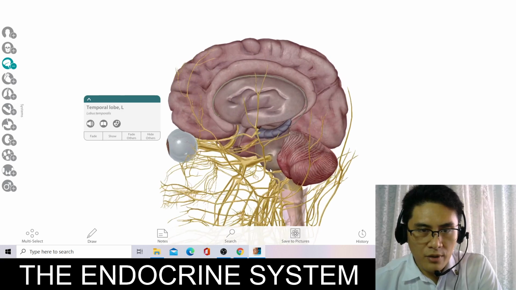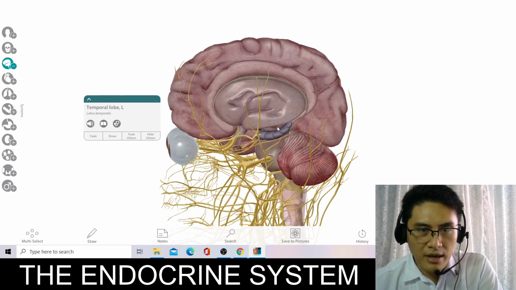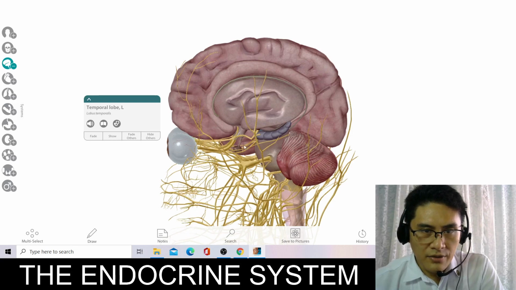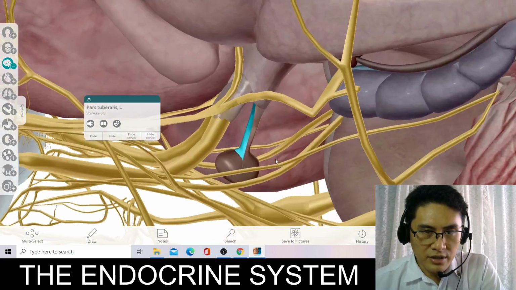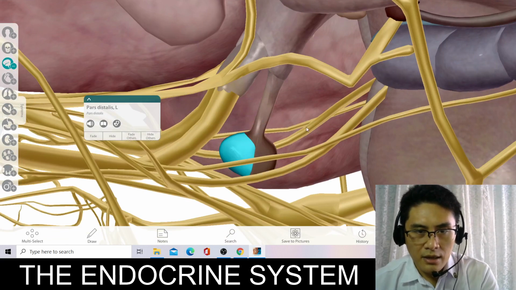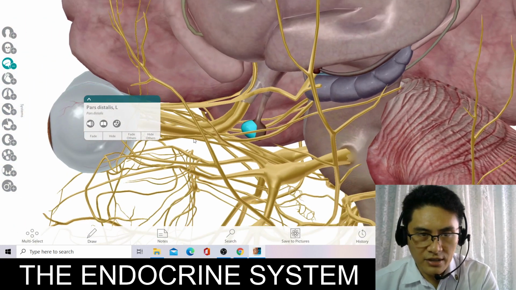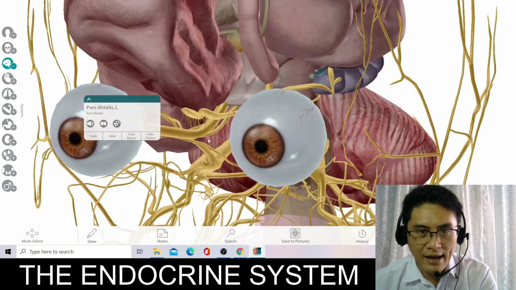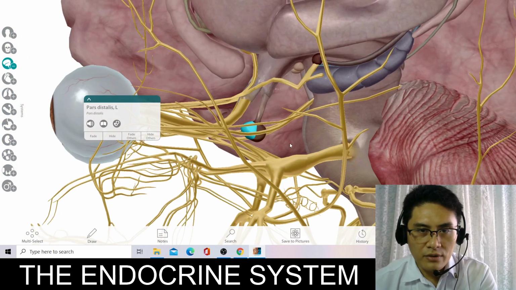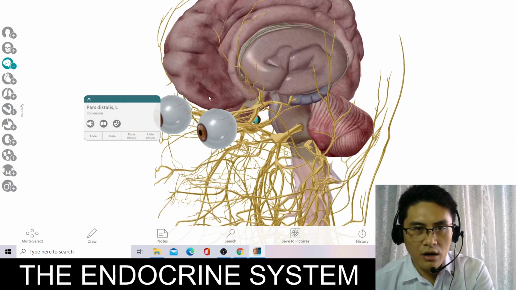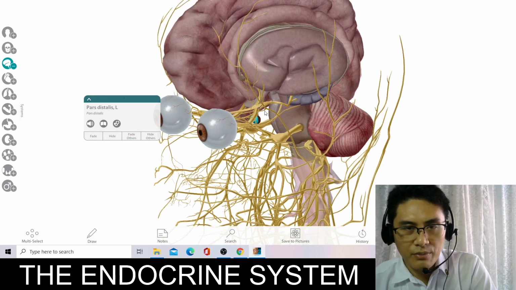if we look at the base of the brain, right here, there is a structure that is hanging at the base of the brain. If you look at it from the front, it is in between the eyes, but dangling below the frontal lobe of the brain.